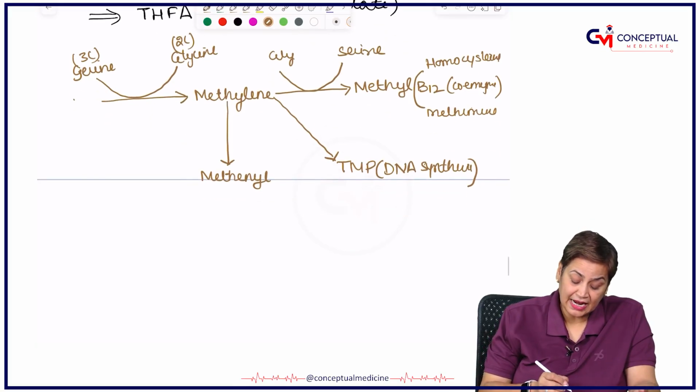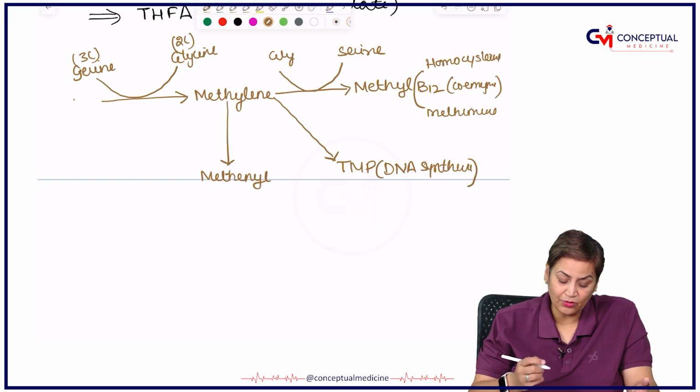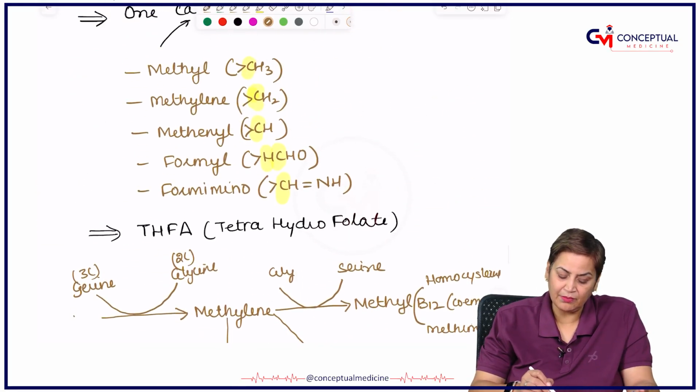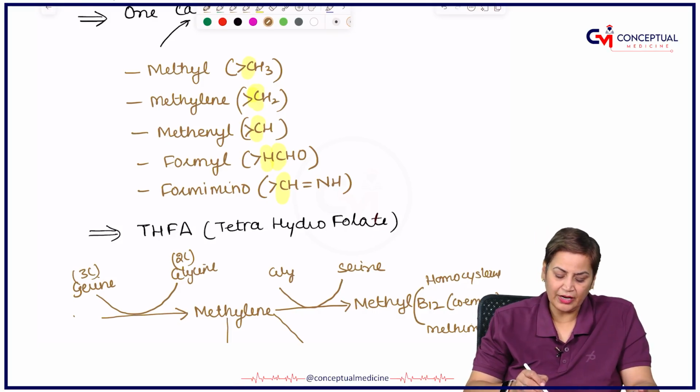And then there is one more addition of a formyl group also, because if we talk about methyl being CH3, methylene CH2, methynyl CH, they are giving one more hydrogen at the same time. So it can be converted back also. Methynyl can be converted into methylene, like that.